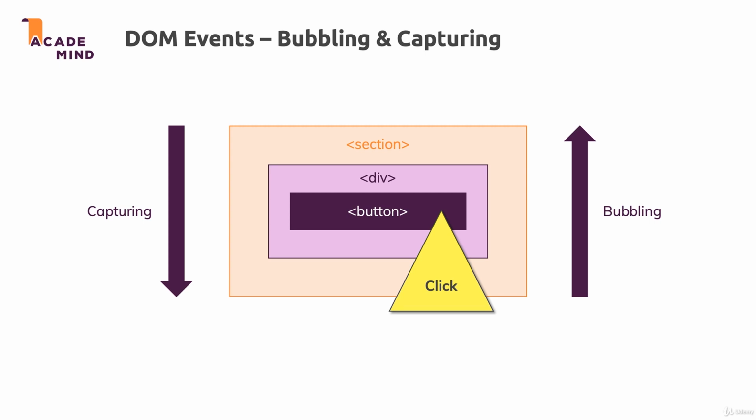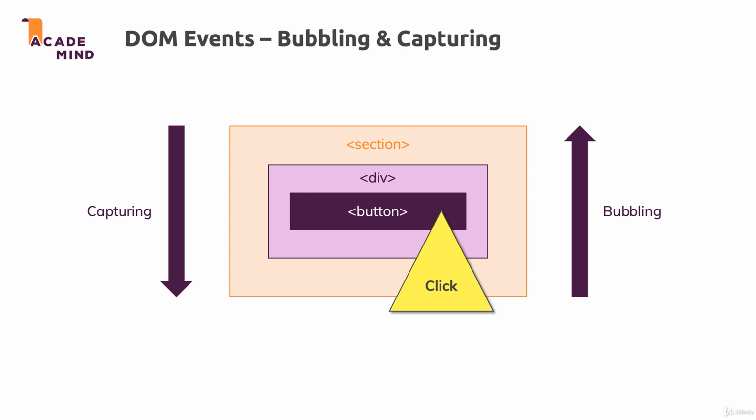And the browser during the capturing phase checks if you got a capturing event listener on, let's say, the section registered, which would then actually run its function before any event listeners registered on the button, because it's from outside to inside in the capturing phase, and the section is outside of the button.